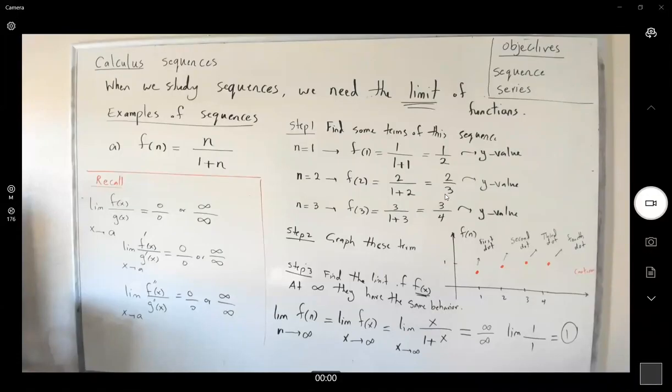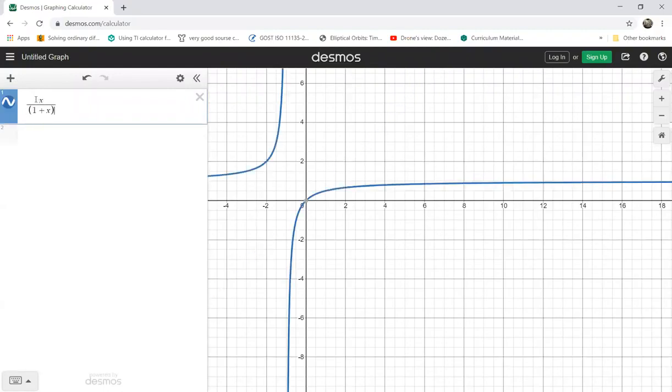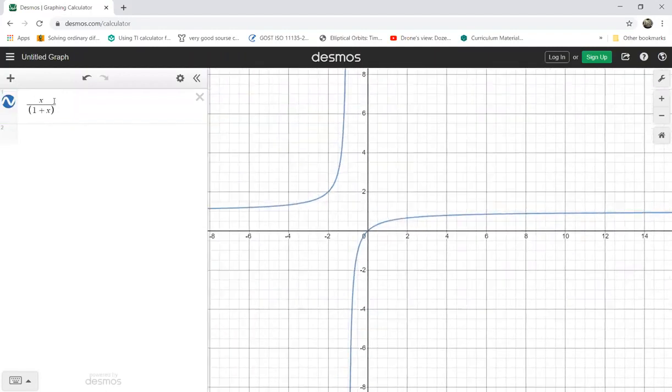Of f of x in Desmos. So here we have our graph. We are using Desmos to graph x divided by 1 plus x, and see the difference between the graph of your function, where the domain is R minus -1, and the graph of your sequence.